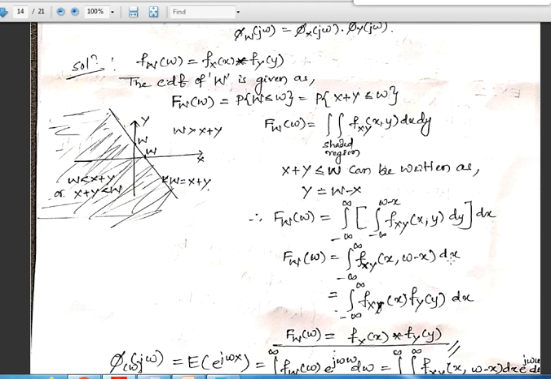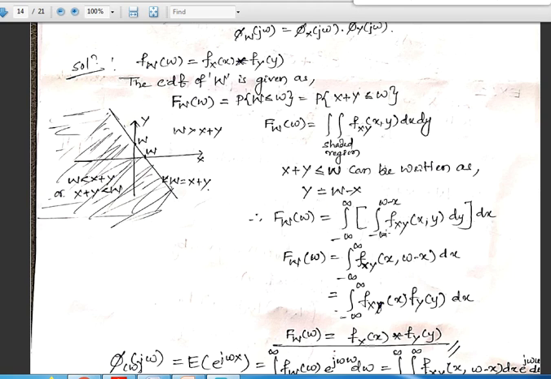But as y is w minus x, to cover the shaded region we write the limits from minus infinity to w minus x, not plus infinity. So minus infinity to w minus x of fxy of x, y dy dx.